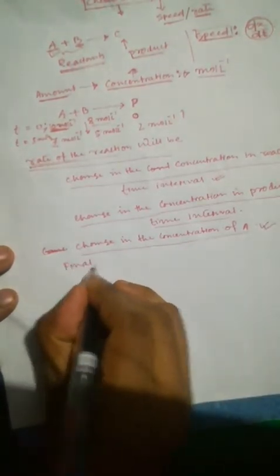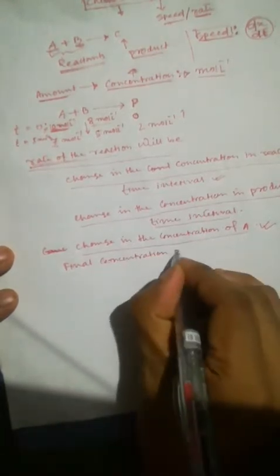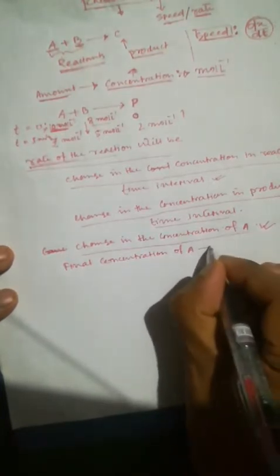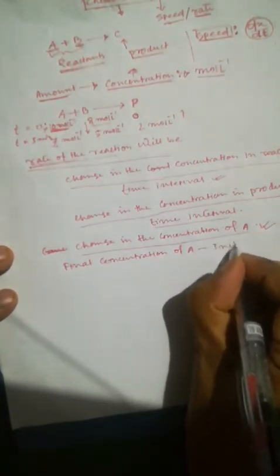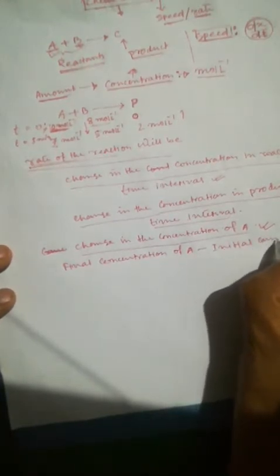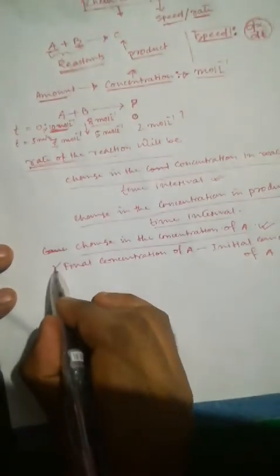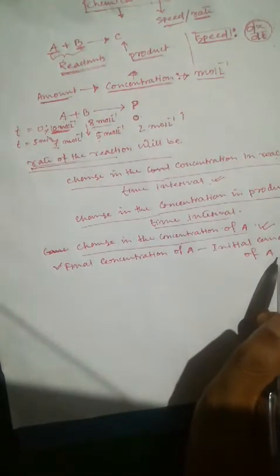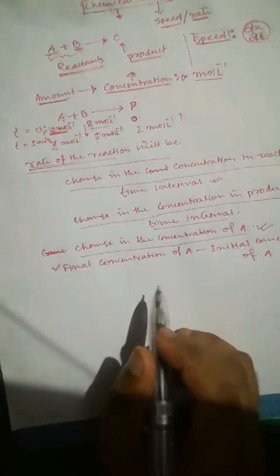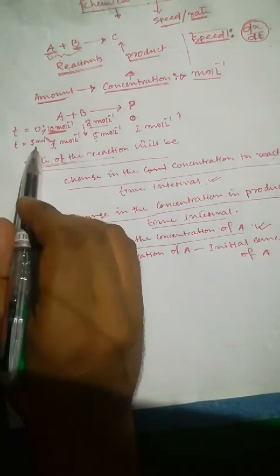Final concentration of A minus initial concentration of A. This will be the change in the concentration of A, that is, final concentration of A minus initial concentration of A. And the time interval will be what? Final time minus initial time.